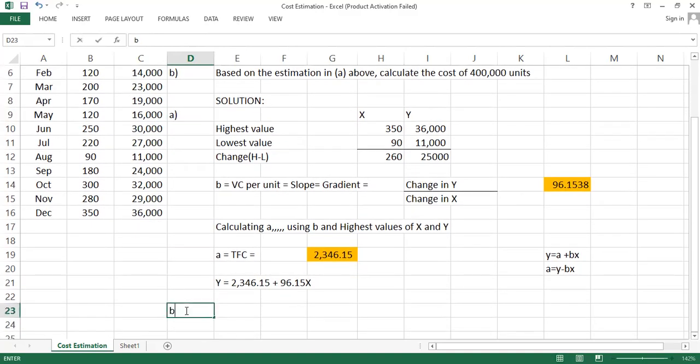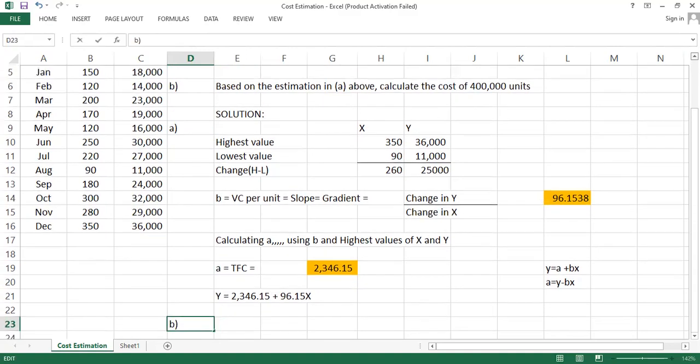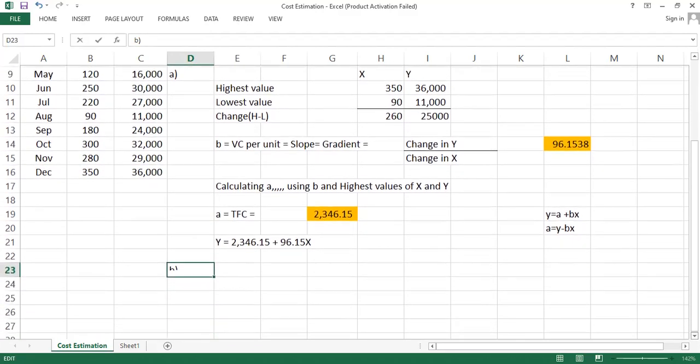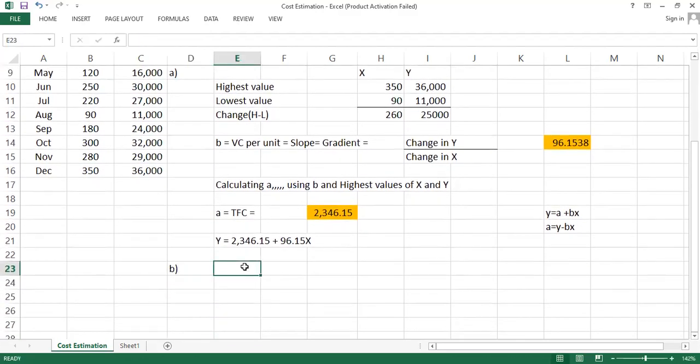And part B wanted that we do what? Part B said that based on the estimation in A above, we calculate the cost of 400,000 units. And that's very simple to compute.